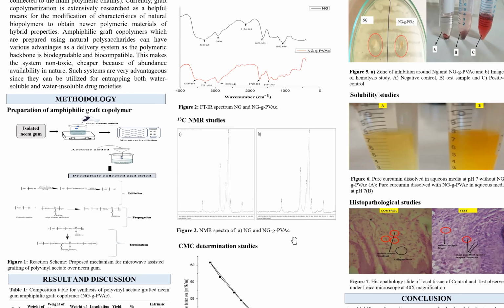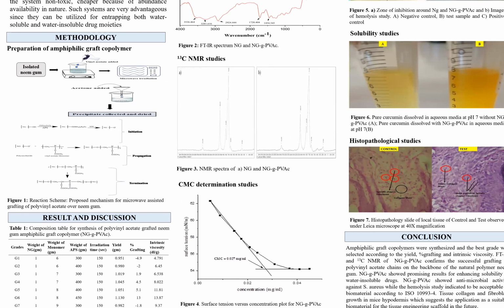After the NMR spectra, we wanted to understand the amphiphilic nature, whether the amphiphilic graft copolymer is showing any surfactant-like activity. We went for critical micelle concentration analysis. Here we have used the surface tension method to measure the CMC.